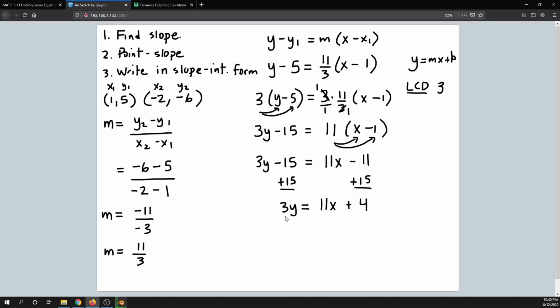by 3. But remember, if you've already watched that slope-intercept video, one of the previous videos, then for this particular problem, to get the equation of a line in slope-intercept form, it's better to divide every term by 3. And that would be equivalent.